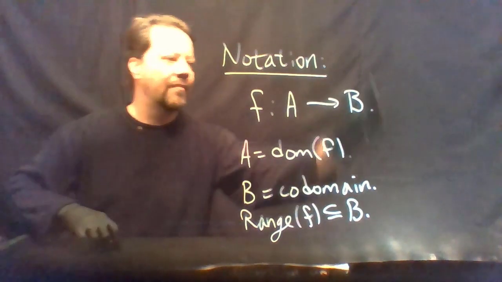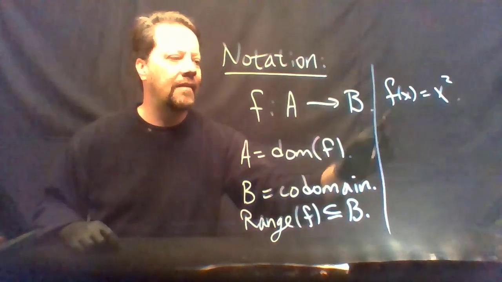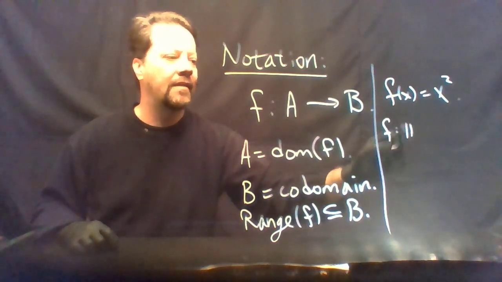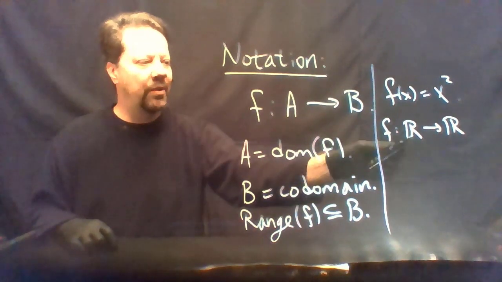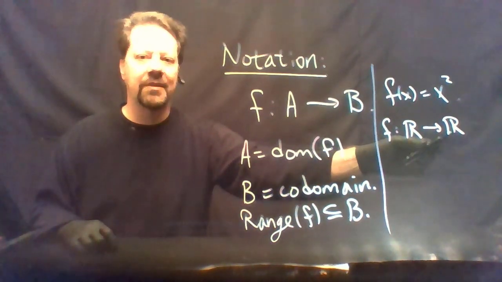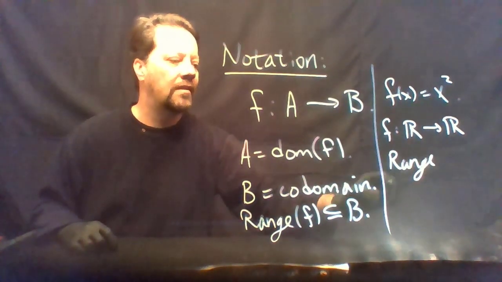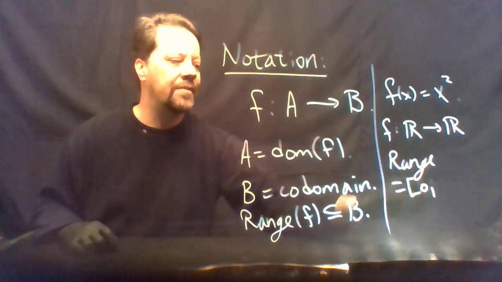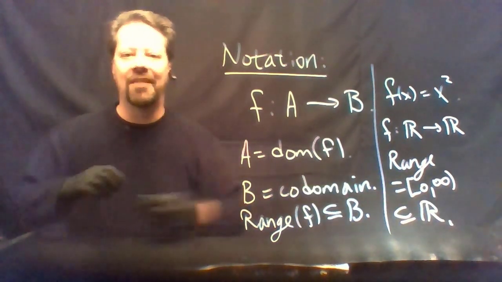For example, if I have f of x equals x squared, I can think of this function as mapping the real numbers into the real numbers. You input real numbers, it outputs real numbers. But the range is equal to the real numbers from 0 to infinity, which is a subset of the set of real numbers.